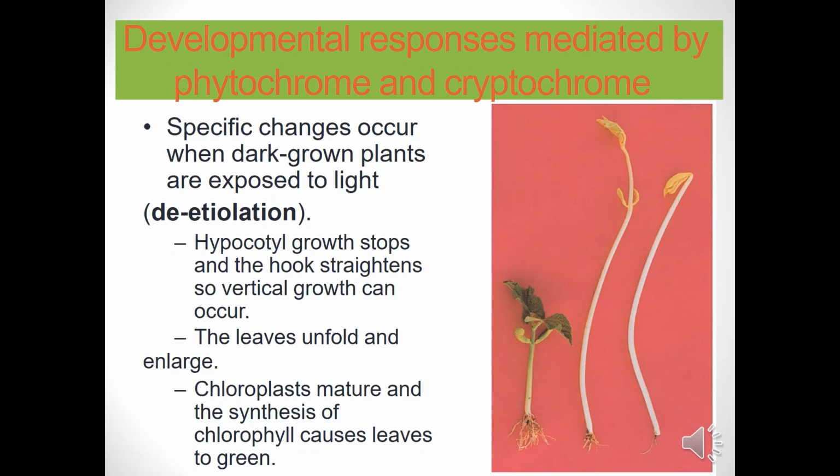At the same time, the leaf unfolds and enlarges. The chloroplast will mature and synthesize chlorophyll, so the leaf will turn green, going from etiolated to deetiolated: in dark conditions, and then after that exposing the plant to light.